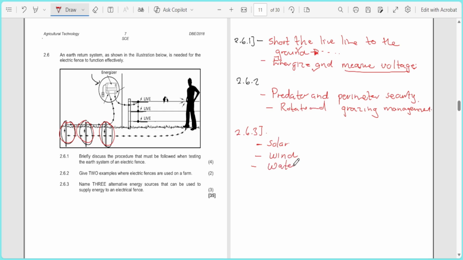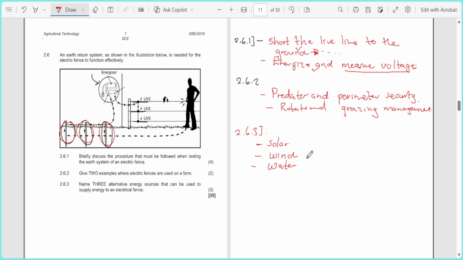Water, if there's a flowing river or stream nearby, right? The flowing water can be used in conjunction with small turbines to provide consistent power, especially in mountainous farms or farms that are next to a river.